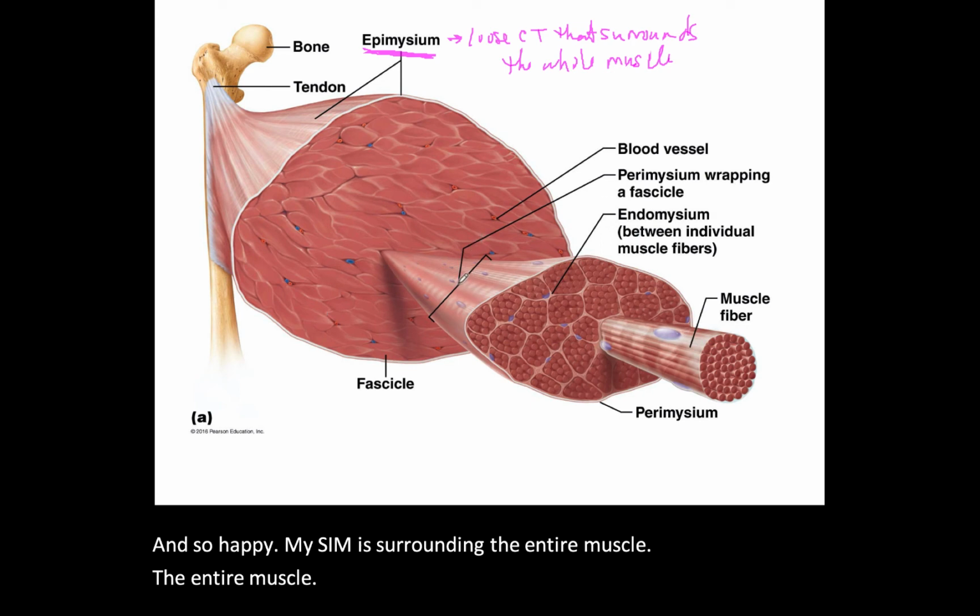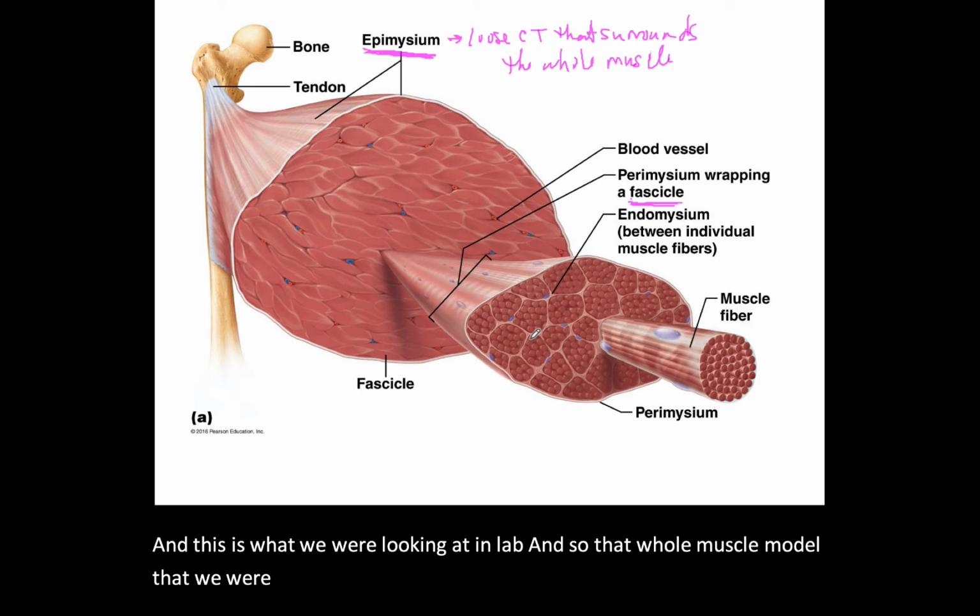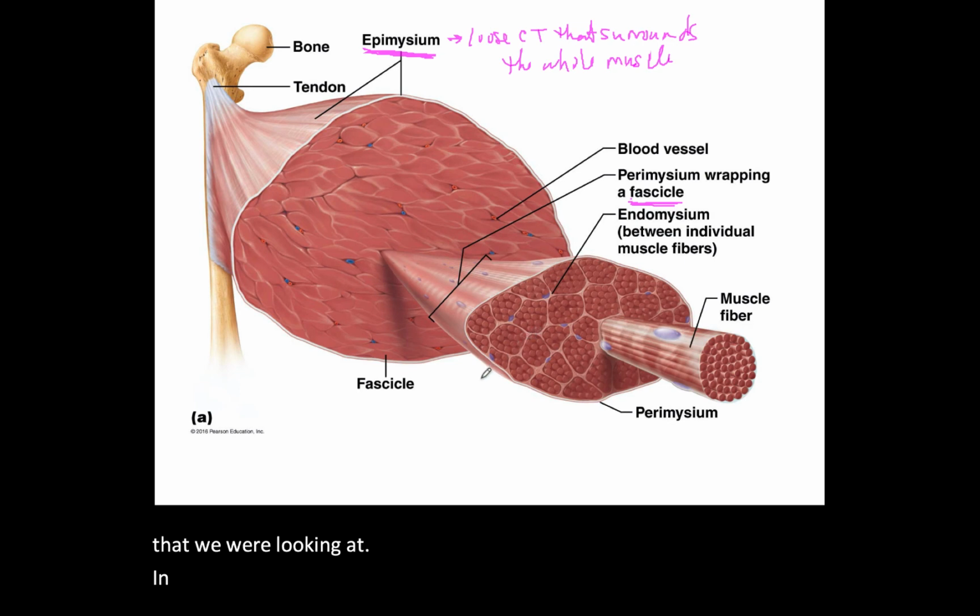And then the muscle itself can be broken down into smaller units called a fascicle. And this is what we were looking at in lab. That whole muscle model that we were looking at in lab was a fascicle.